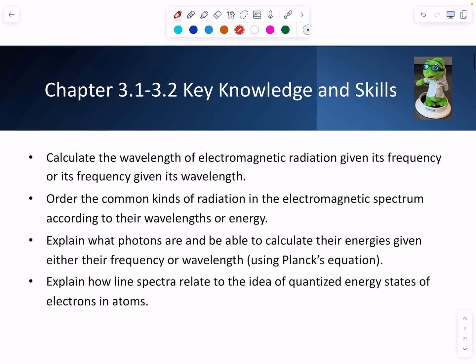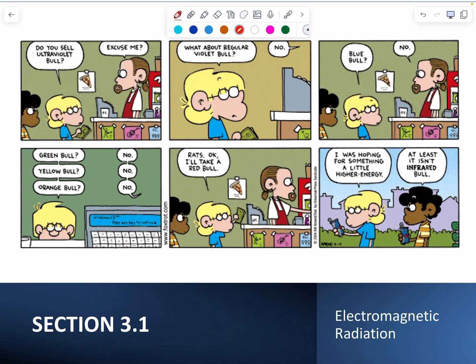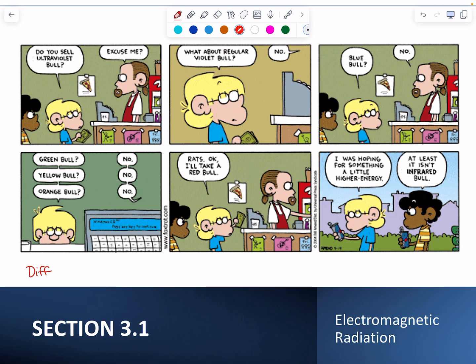All right, so I love this cartoon because it makes a point. Again, that is our theme for today: when we have light, what we call electromagnetic radiation, the different colors of light correspond to different wavelengths, and we'll talk about what we mean with that.